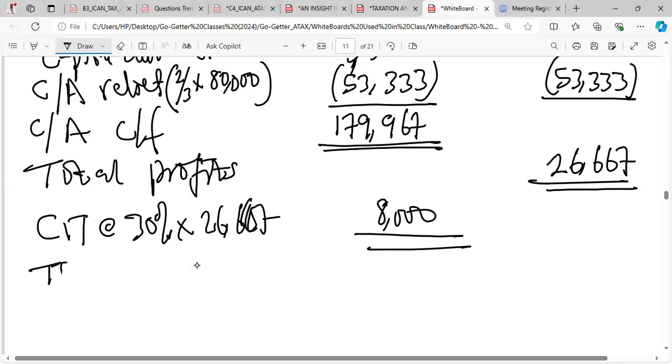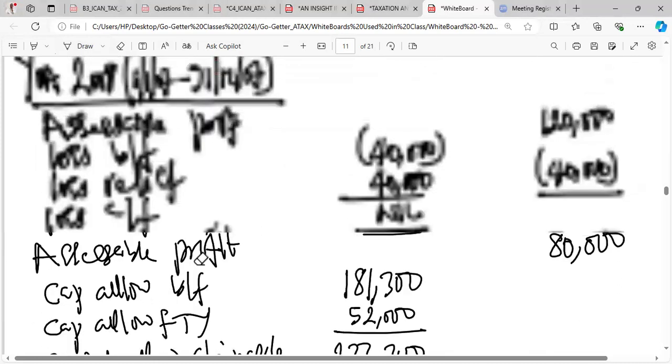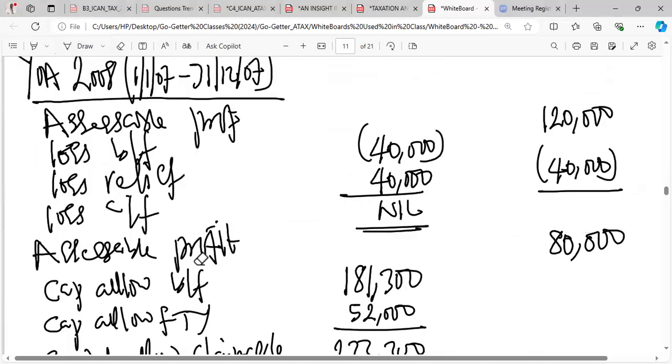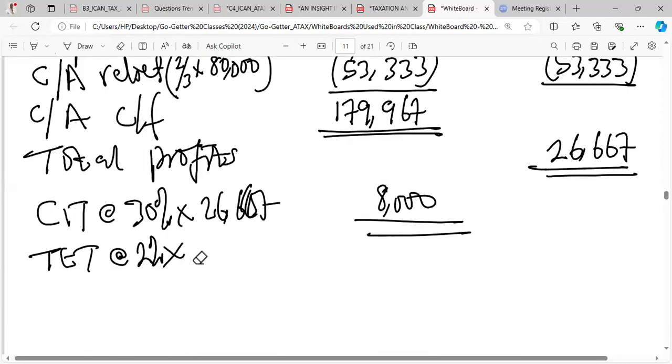My tertiary education tax at 2% of how much? This assessable profit, this first one, 120,000.